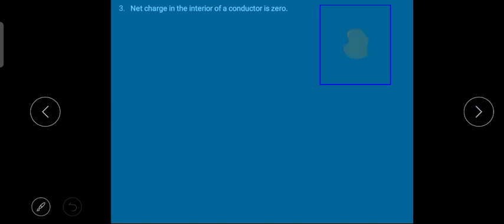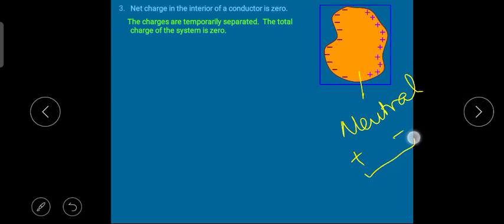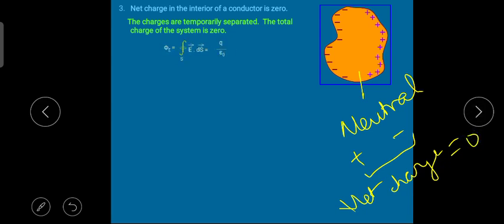Suppose this is a conductor, and there is a charge which are polarized. नेगेटिव आपके एक तरफ हैं, पॉजिटिव आपके एक तरफ हैं. So the charges are temporarily separated. The total charge of the system is zero. Net charge means this conductor was initially neutral. Neutral means what? The number of positive charges will be equal to the number of negative charges. So net charge will be equal to zero. यही बात ये कह रहा है.